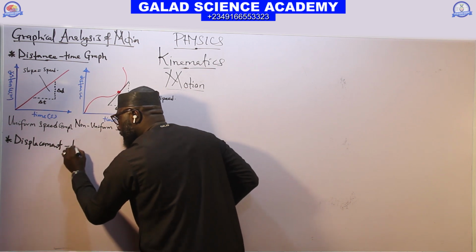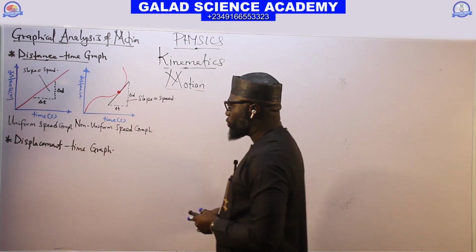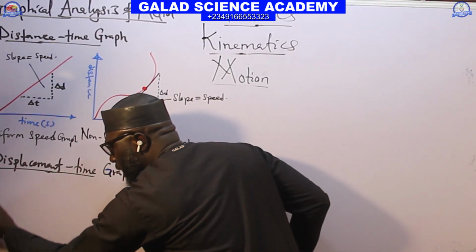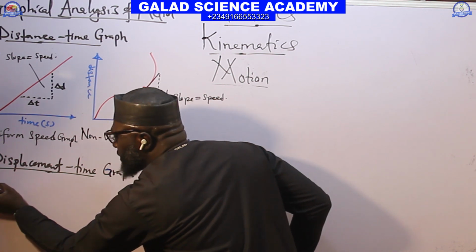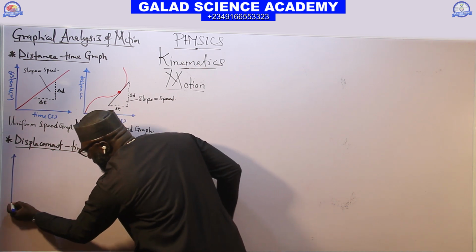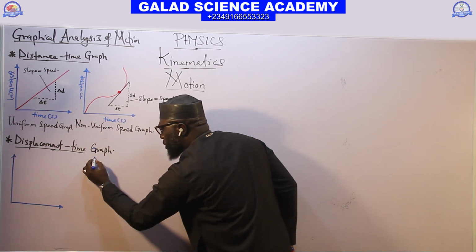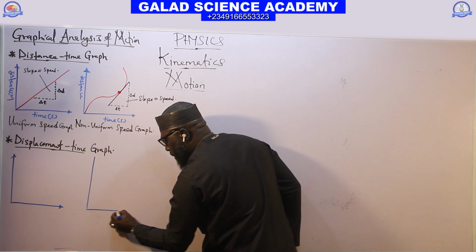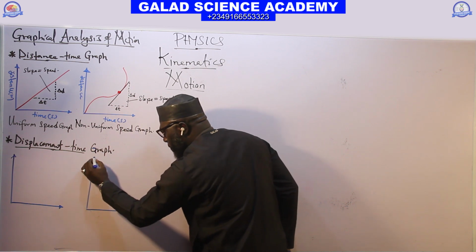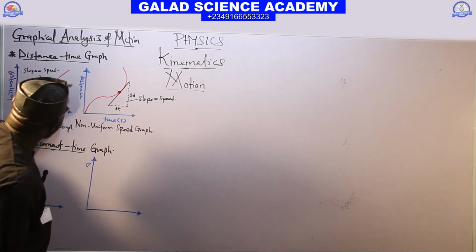For displacement time graph, we have this in the vertical, and for the second one, in this vertical line here, you know we have distance here.